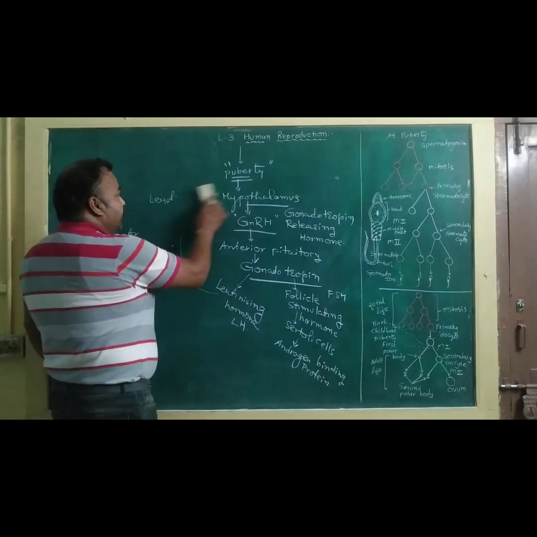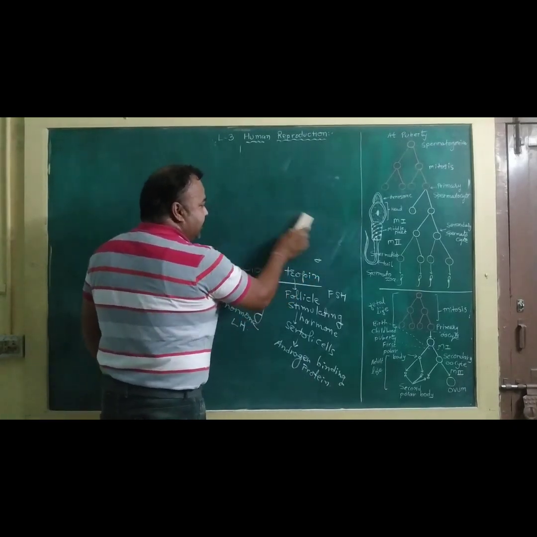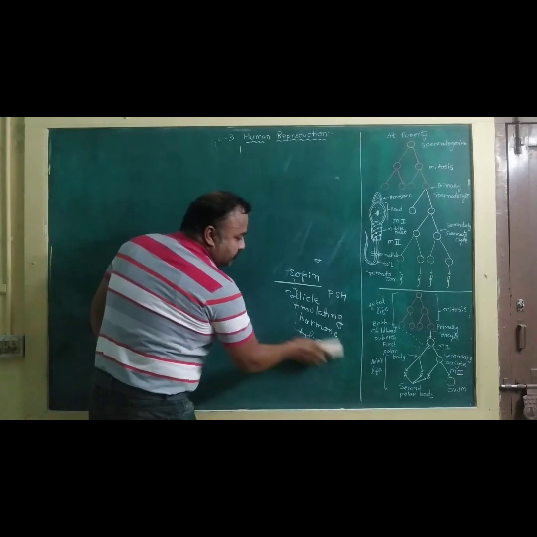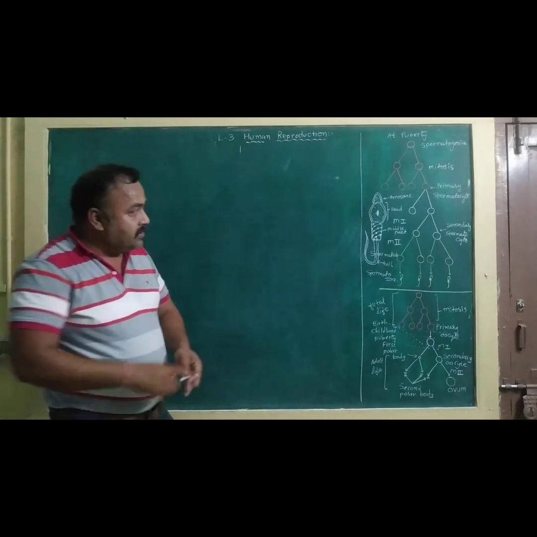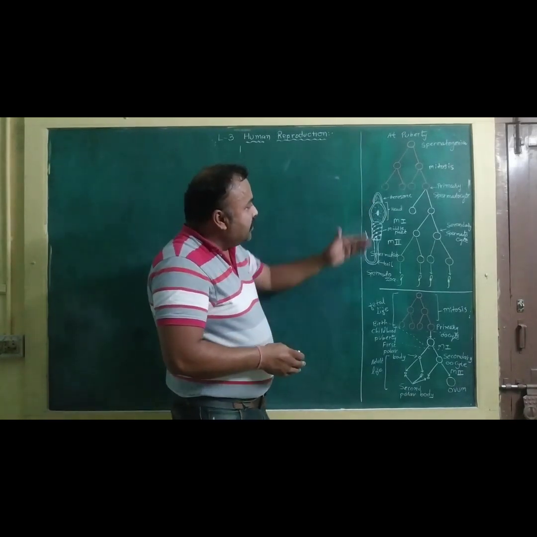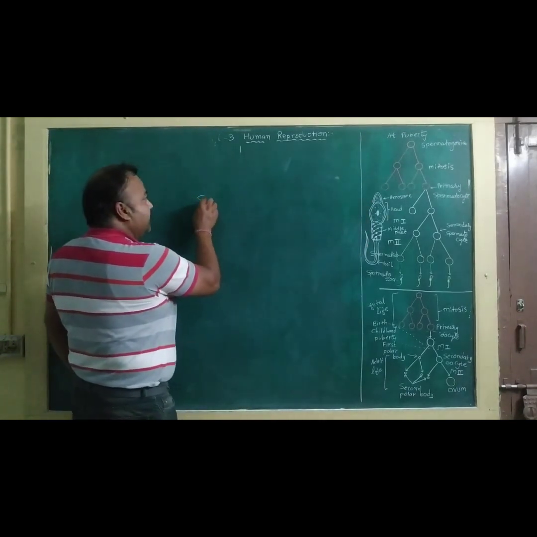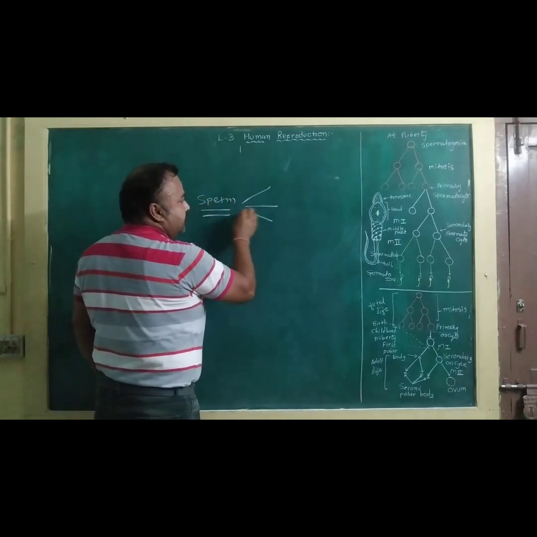Now friends, we will move towards the third topic, and that is structure of a mature sperm. Now, if you can concentrate over here, this is the diagram of a mature sperm. The mature sperm contains four basic structures.